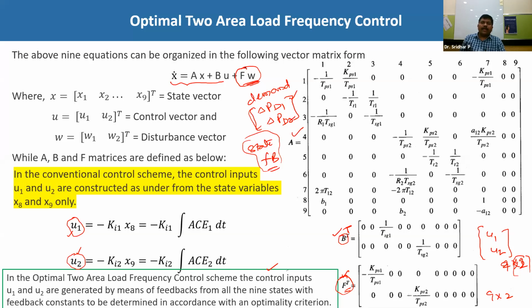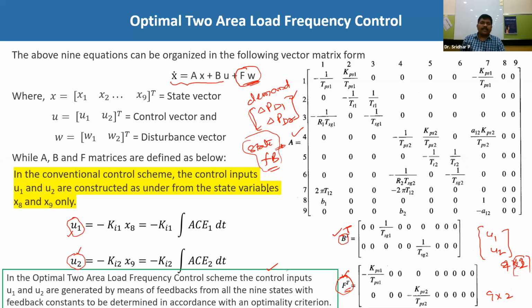And how can we eliminate it in the two area load frequency system? We can adjust the state feedback locations, the poles of the state feedback loops. By adjusting them, we can eliminate the delta PD1 and delta PD2 associated parameters. Eliminating in the sense that we are not going to eliminate that information, we are going to adjust it with the other states.